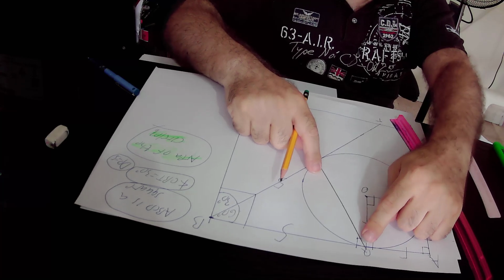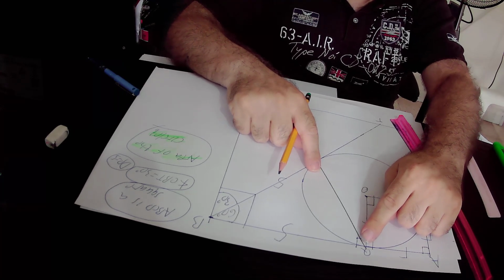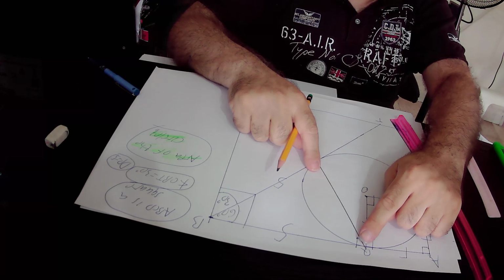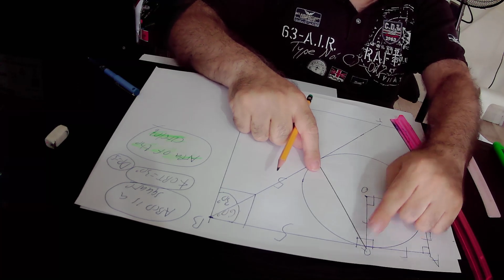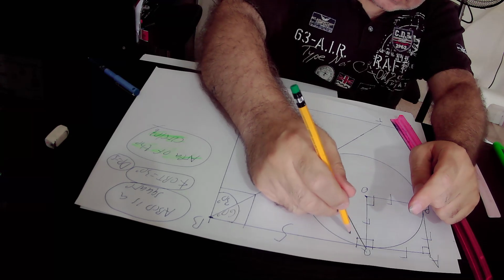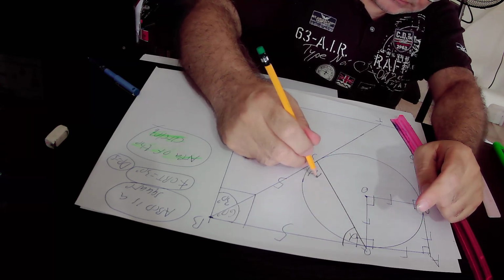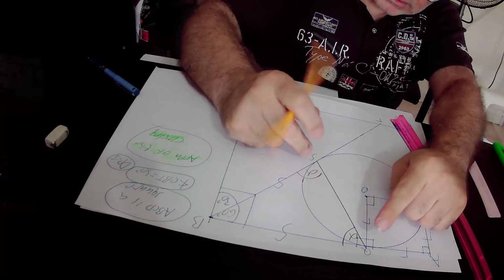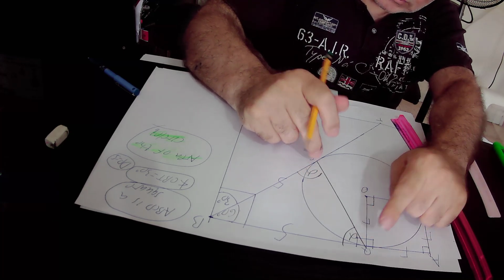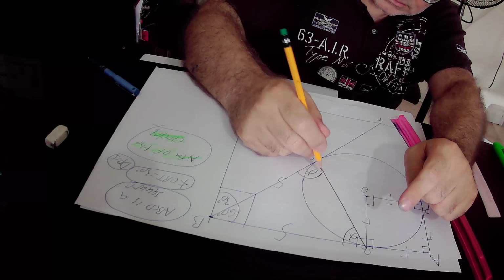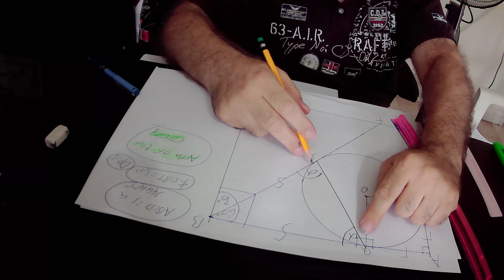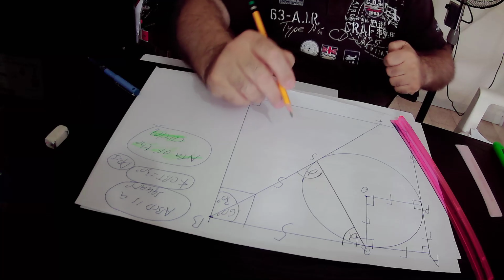So those two angles that are located in front of the equal sides must be equal to each other. If this angle equals alpha, then this angle must also equal alpha. So both of these angles are equal to alpha.